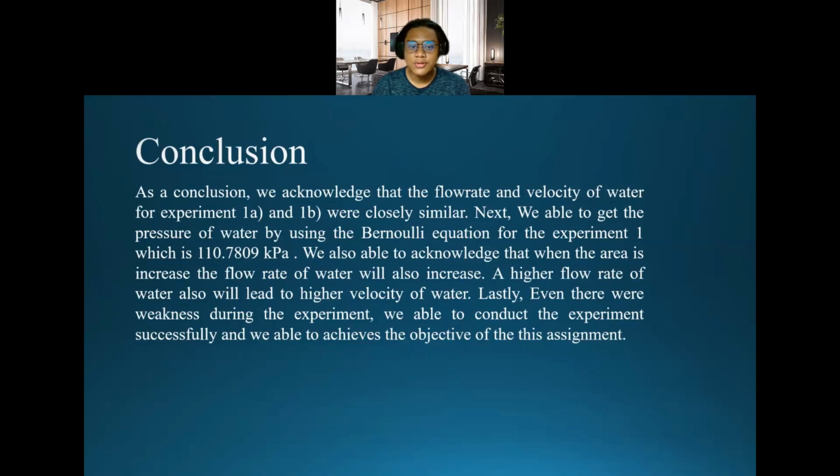We also acknowledge that when the area is increased, the flow rate of water will also increase. A higher flow rate of water will also lead to higher velocity of water. And lastly, even though there were weaknesses during the experiment, we were able to conduct the experiment successfully and achieve the objective of this experiment. That's all from me.